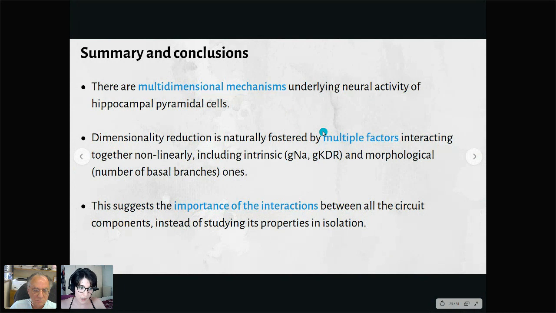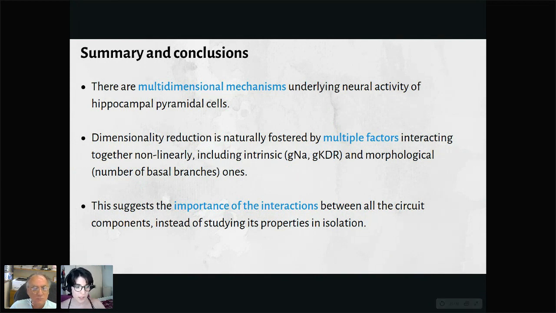There is a natural dimensionality reduction performed by neurons and fostered by the nonlinear interaction of multiple factors, including the intrinsic, like the sodium and the potassium, and morphological, such as the number of dendrites.